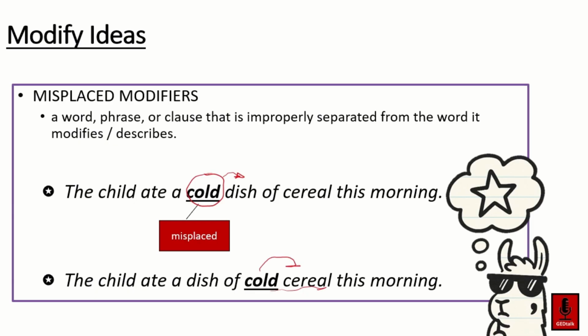Cold is meant to describe the cereal, not the dish, folks. And that's why it's important that when you write your sentences, when it comes to the extended writing response, your adjectives, your adverbs are close to the noun or the verb that they are meant to describe and not anywhere else. Because when it happens, folks, like you see up here with the example, the incorrect example, cold is next to dish, and that's not what it's meant to describe. It's meant to describe the cereal.